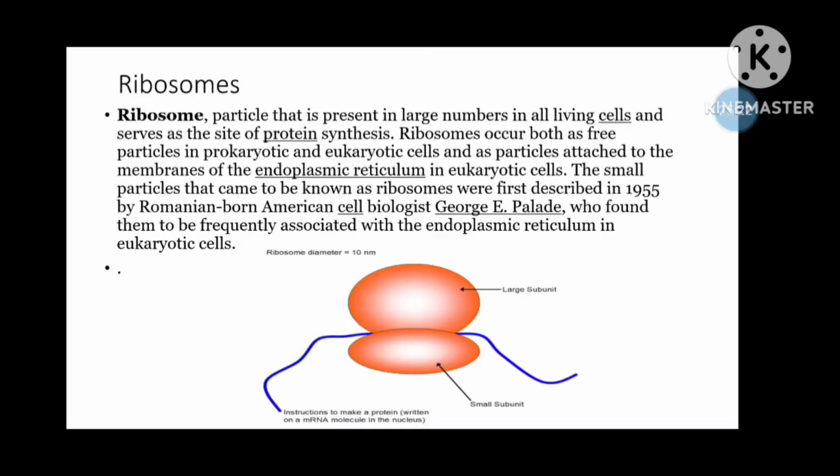A ribosome is made up of two subunits: a large subunit and a small subunit. Right, and at the junction where these subunits are attached to each other, protein synthesis takes place. Right, so come to the next slide.